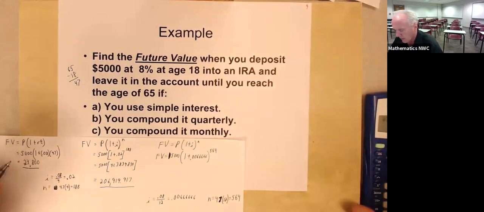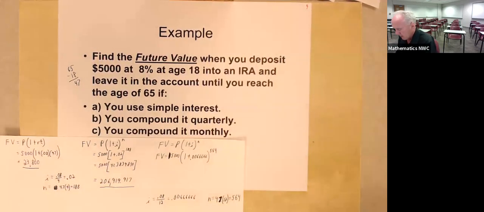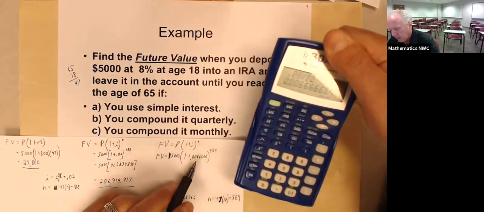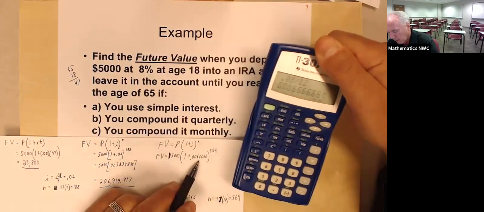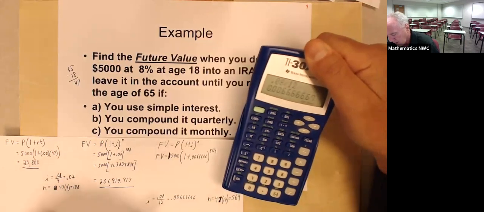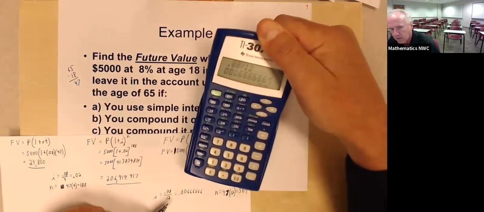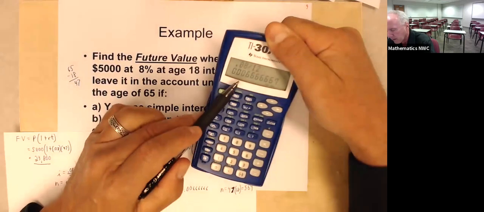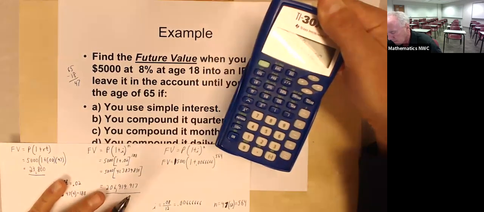That's my exponent. Okay, so now we're going to go to our calculator. What I basically did is I took 0.08 divided by 12, and you can see on my calculator there's a lot of 6's there.